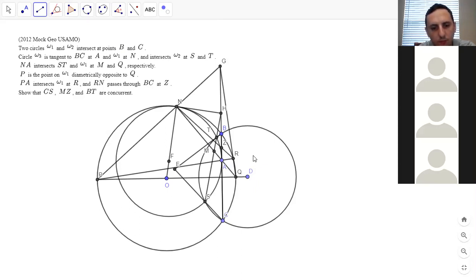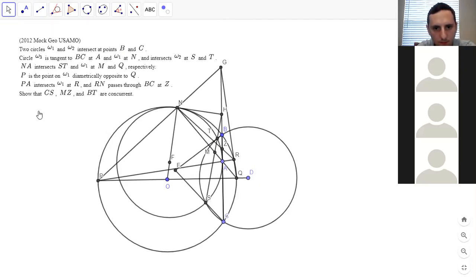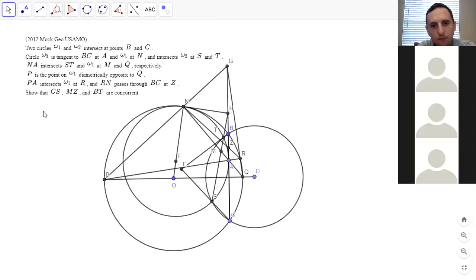Okay, so now I solve it. If we can prove that NRBC is a harmonic quadrilateral, then HR will be tangent to the circle O, right? Because H is the intersection of the tangent at N and BC. Yeah, we want to show NBRC is harmonic, is what you're saying, right?